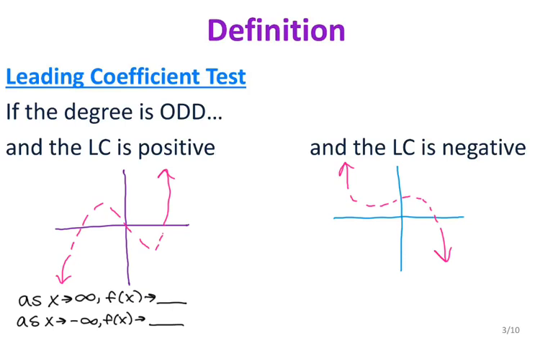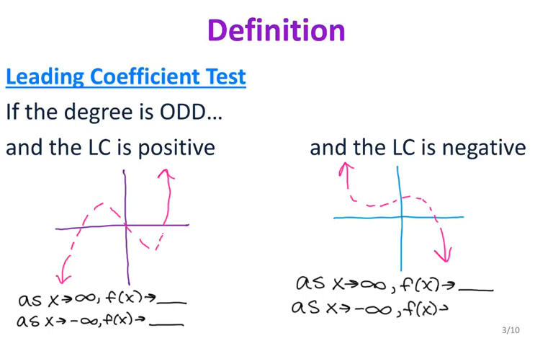Now that statement is going to be the same for my second graph, so I'm going to go ahead and write it over here. So anytime you're talking about end behavior, your statements are going to look exactly the same regardless of the graph or the polynomial. What is going to be different is what you're going to put on these lines, and those lines are based off of what's happening on the graph.